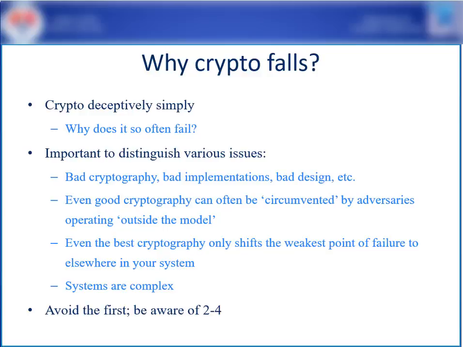Even with good cryptography, adversaries can find a way around by operating outside the model. And also, even with the best cryptography, there can be other weak points elsewhere in our system, since information and communication systems are very complex.